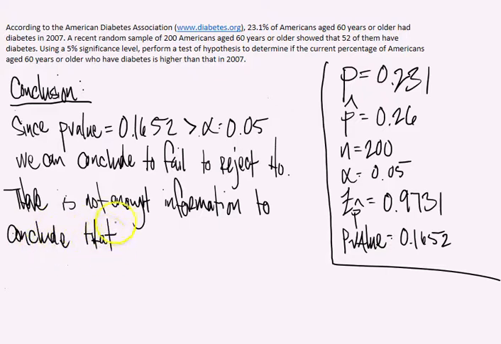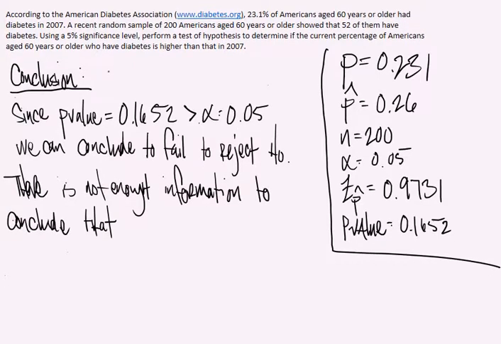And what is it that we were trying to show, right? We were trying to show that the proportion of Americans that are 60 years old or older who have diabetes is higher than it was in 2007. So that's what we'd write.